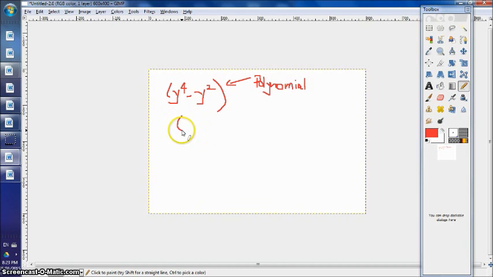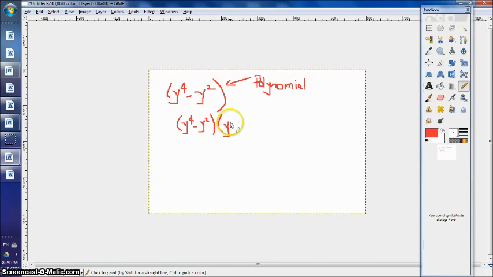Okay, now if I want to get a product of polynomials, I'm going to repeat the same thing that I did in a monomial. Basically, I'm going to multiply the numbers together, and then multiply the literal factors after, and that's how I'm going to find the product of polynomials.